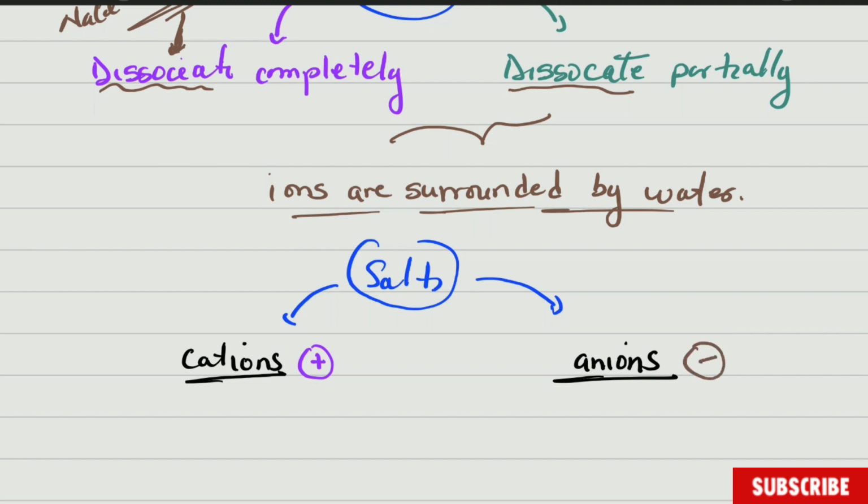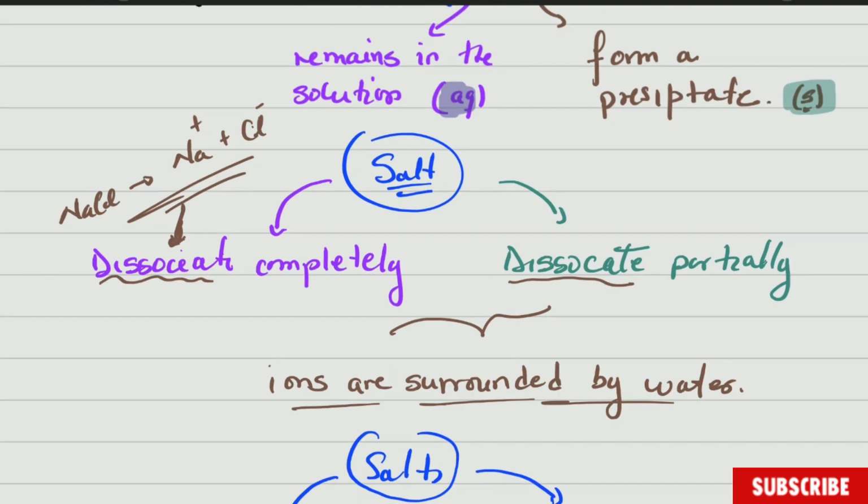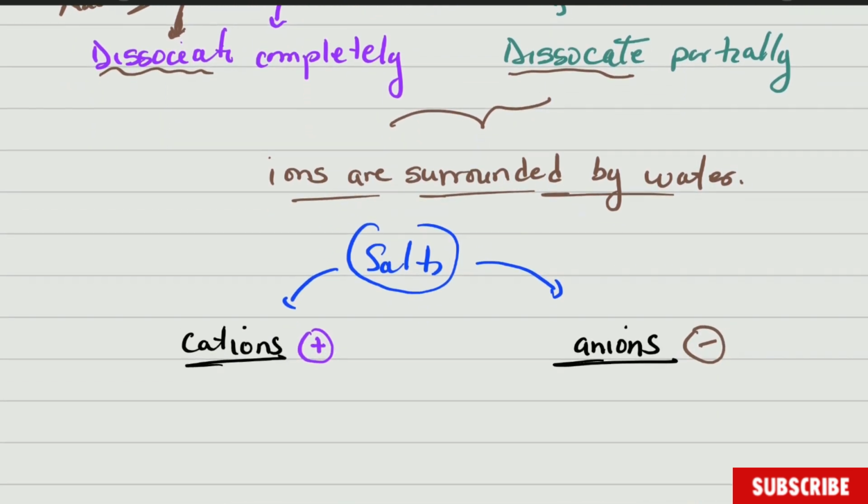Like you see, this one is the cation, and this one is the anion. So let's write it here so you can remember.